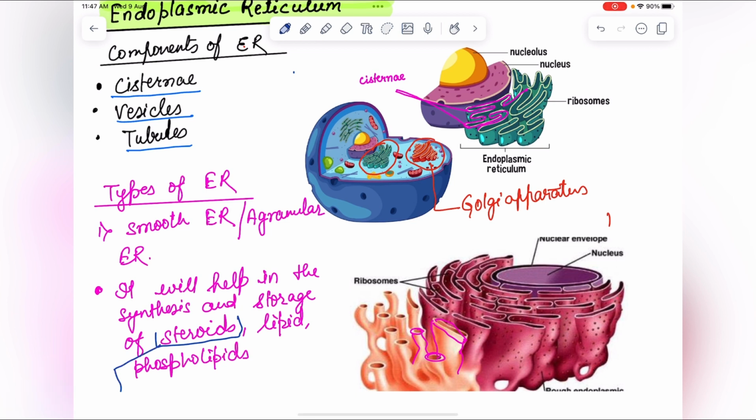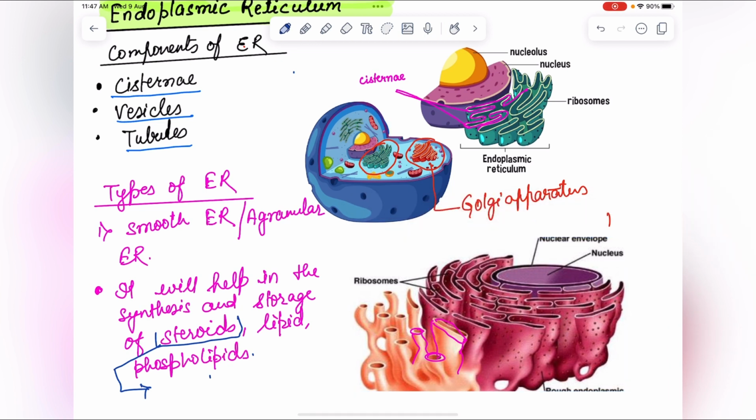It is mainly made up of vesicles and tubules. The synthesis of these steroids, lipids and phospholipids takes place in the smooth endoplasmic reticulum, and these phospholipids and lipids help in the formation of the cell membrane.